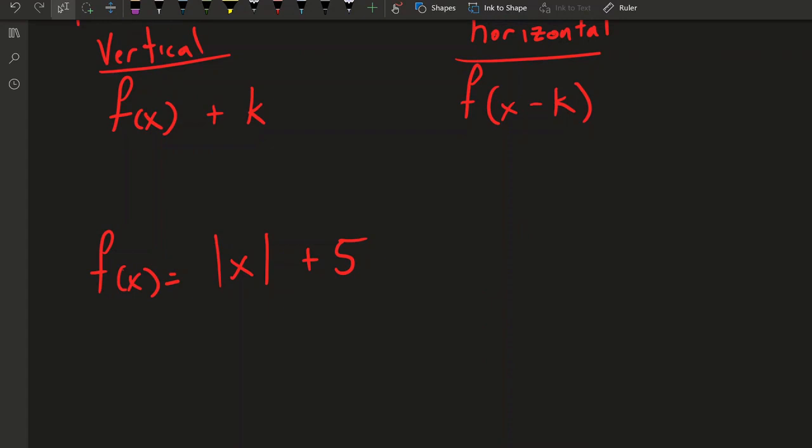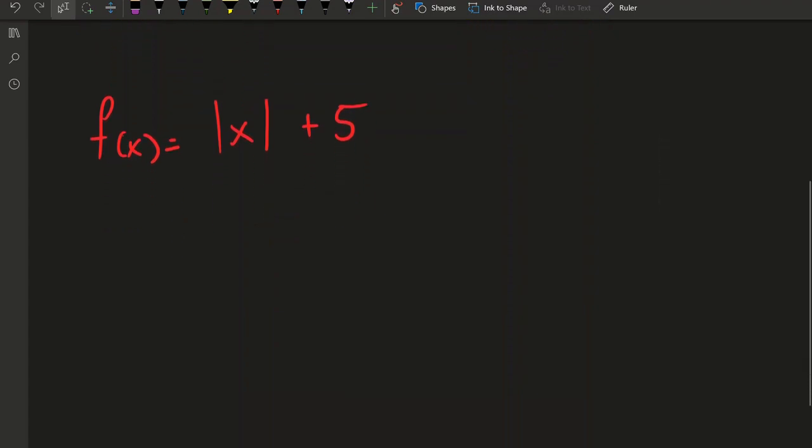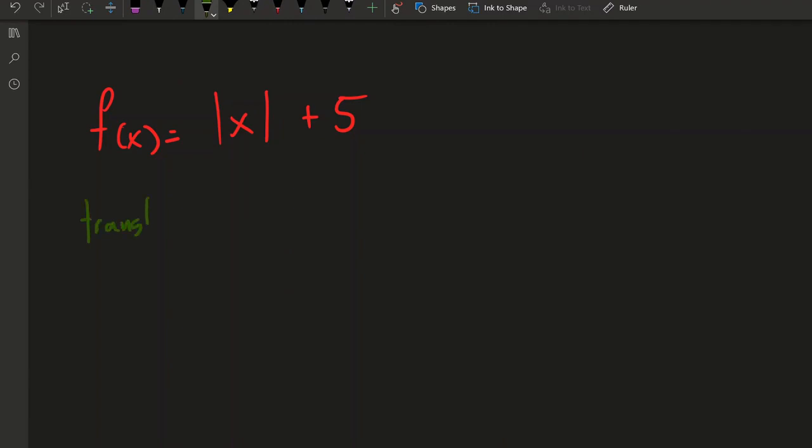But if we wanted to take f of x and create another function that was transformed, let's say that we wanted to do another function that was translated 3 units down. So in order to translate 3 units down, I'm going to add a value to the output of the function. So the output would be this entire right side of the equation.